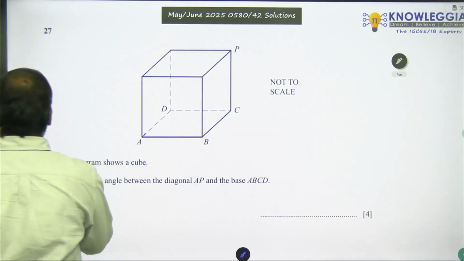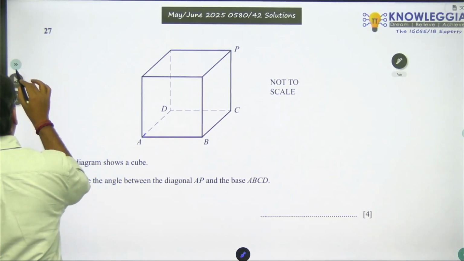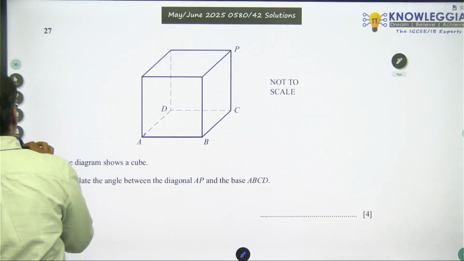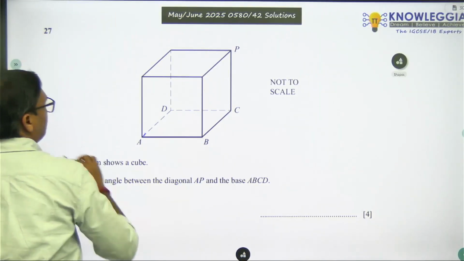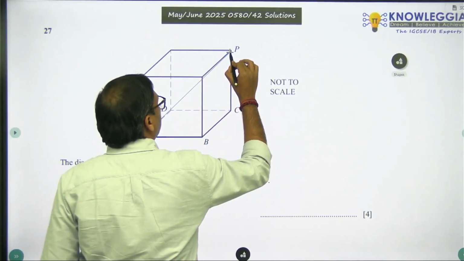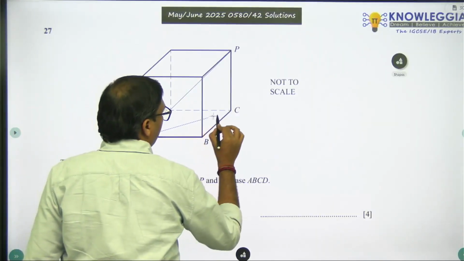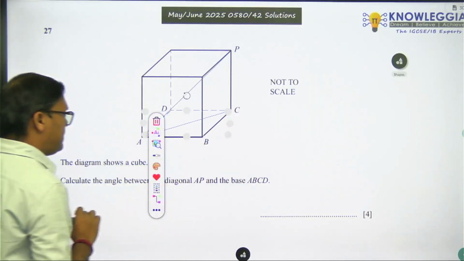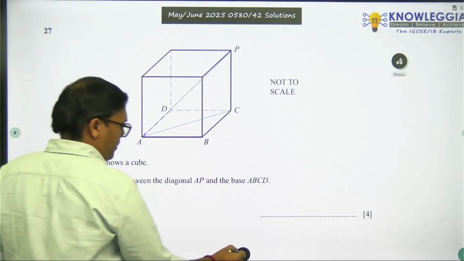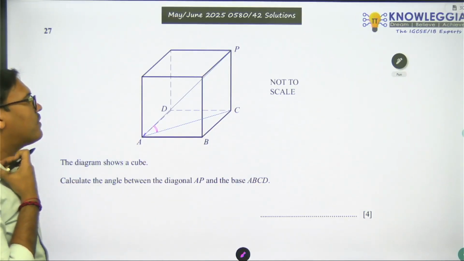You can see if I draw diagonal AP, this is the diagonal AP. So you have to find this angle. Which angle? This one it makes with this base, that is ABCD. Okay. So if you have to calculate this angle, how can you calculate this?